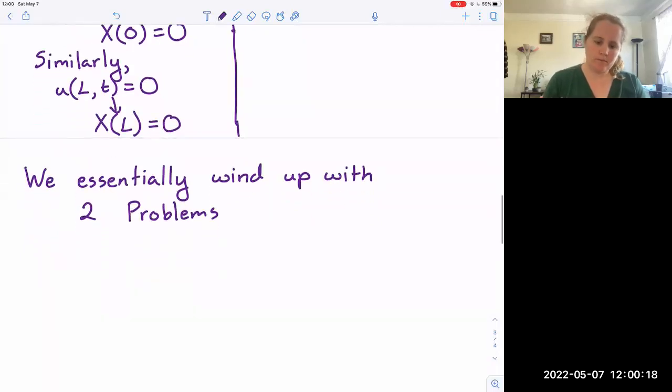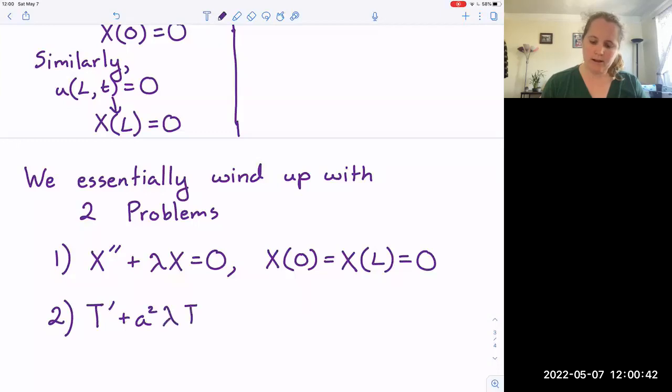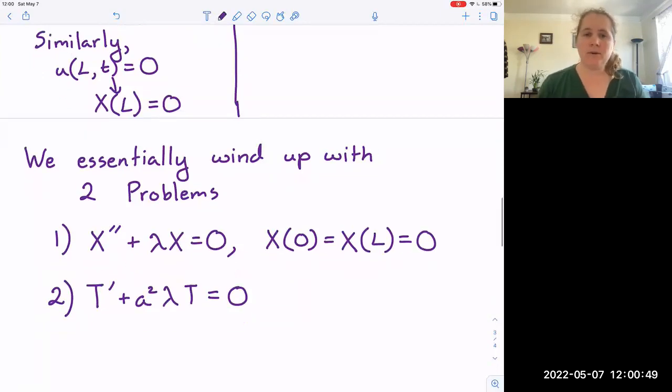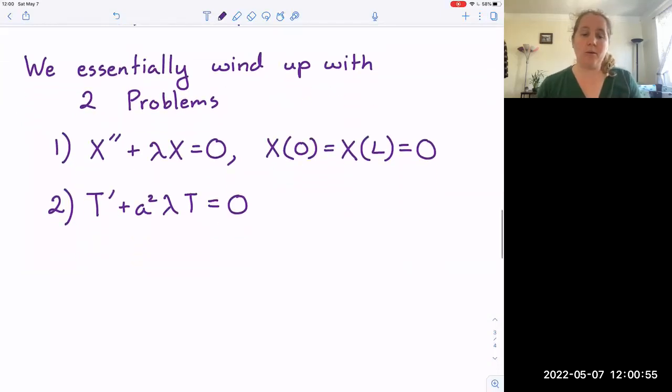Our first problem is the boundary value problem, X double prime plus lambda X equals 0, with X(0) and X(L) both equaling 0. And our second problem is simply T prime plus a squared lambda T is equal to 0 with no initial or boundary conditions on it. So in the next video, we will solve these two problems and put them back together to find u.